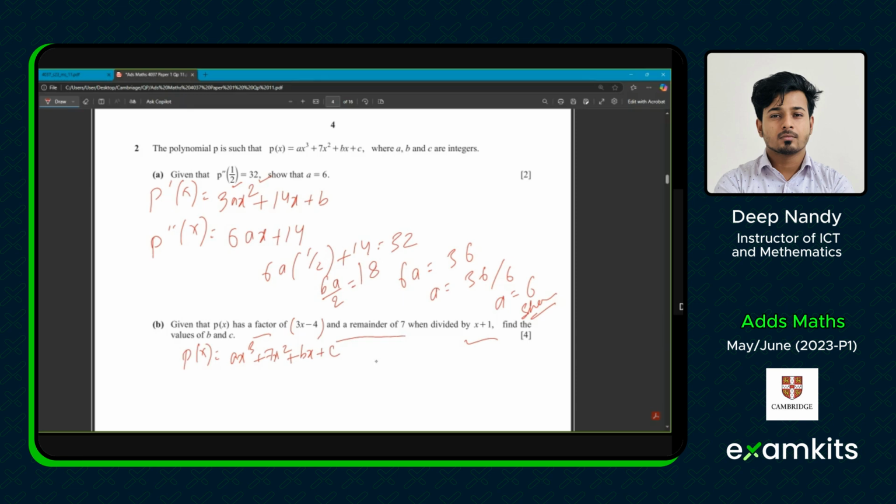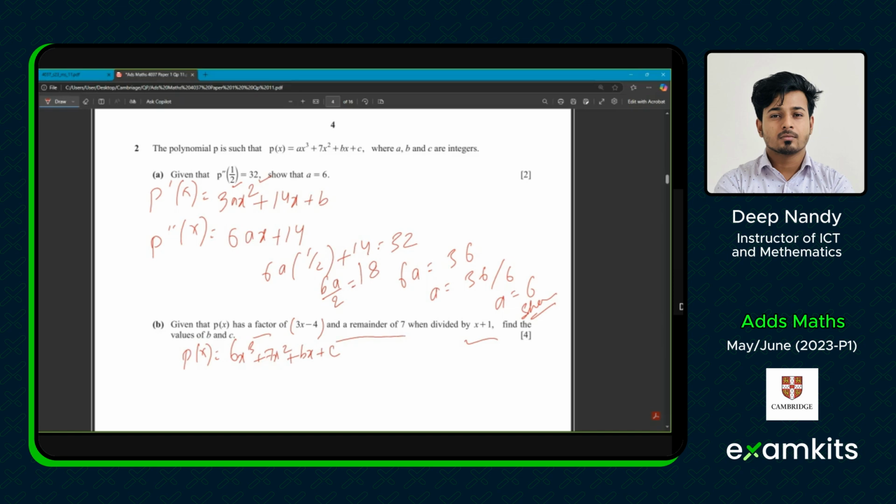We know the value of a, that is 6. So it becomes 6x cubed plus 7x squared plus bx plus c. We need to find the value of b and c.